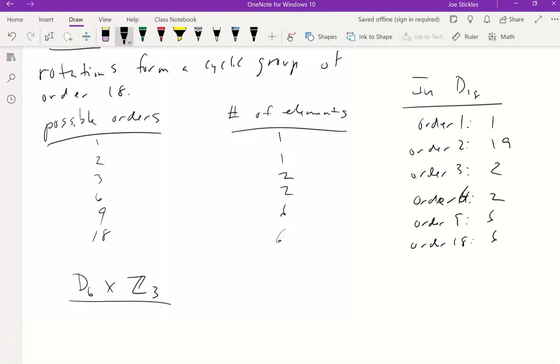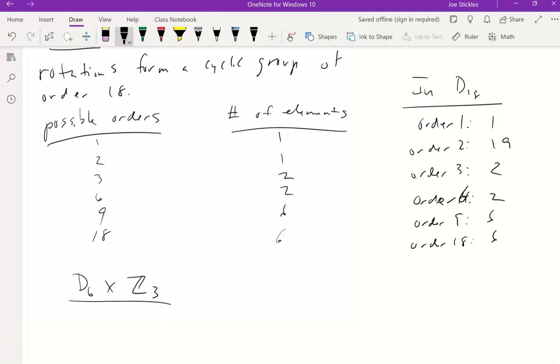If I only have 1 and 3 to choose from for the second component, what would I have to use for the order in the first component to get a least common multiple of 18? I'd have to use the 18, right? Because 3 divides it.